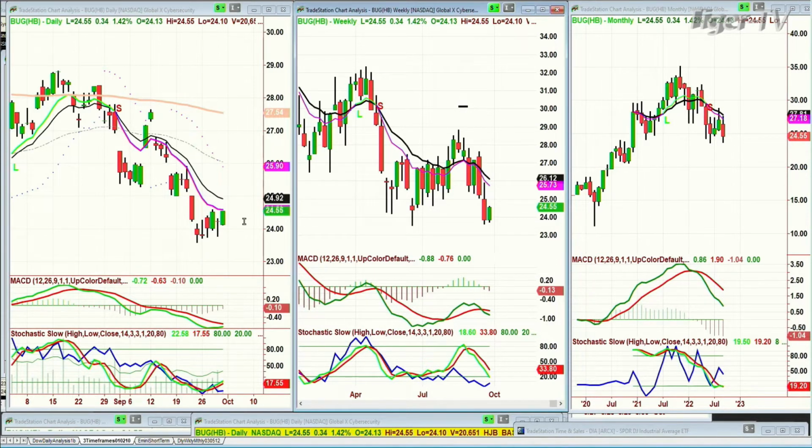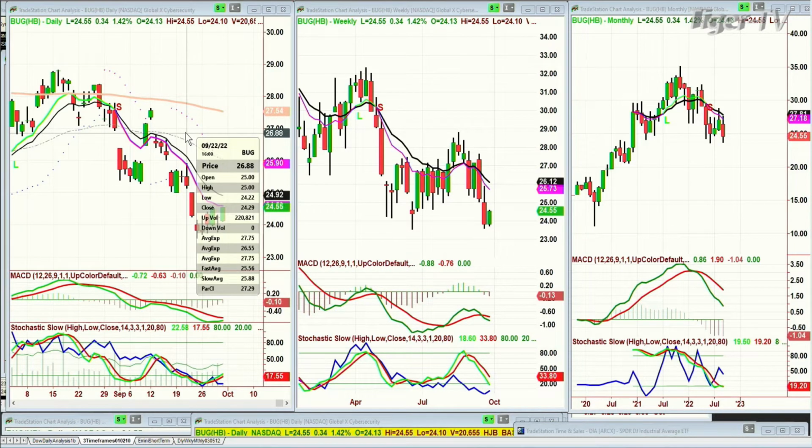It says if BUG starts to trade from 24.55 by Tuesday of this week without closing under 23.95, and BUG's able to get to 25.80 anytime in this coming week, there's a chance it could have one attempt, and maybe that's all it gets, to go to the high of the 22nd of September, round number 25.